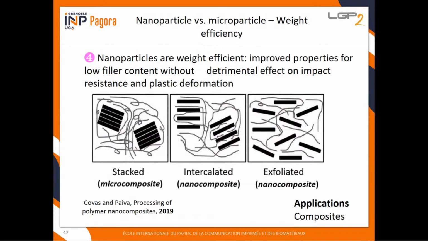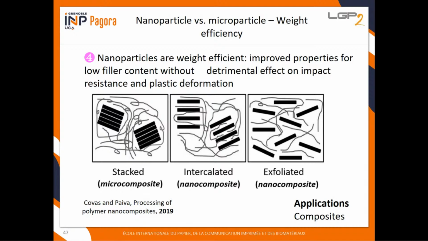Also, it's well known that nanoparticles are weight efficient, meaning that we can improve the properties for low filler content without detrimental effect on impact resistance and plastic deformation. So usually in composite science, for example, when using carbon or glass fibers, it's necessary to use at least 25 to 30% fibers to have an improvement in the mechanical properties.